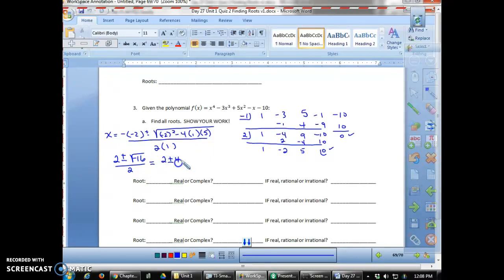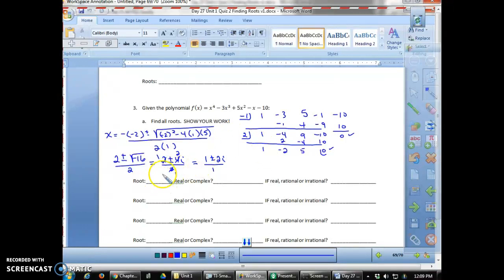So it's just going to be 4i over 2. And again, I can simplify all of these by dividing by 2. So the answer is 1 plus and minus 2i over 1. Now, do I need this one, the denominator? I do not. Do I need this one? Absolutely. Students always drop that off, and that's wrong.